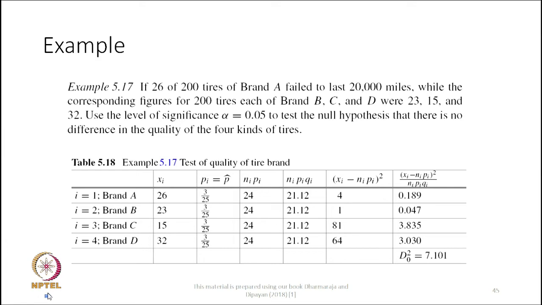The p value is not given, therefore you have to estimate the p cap, then use those results and make sure whether you are getting this same answer. If at all there is any mistake, then there is a possibility of a numerical error you would have made here.